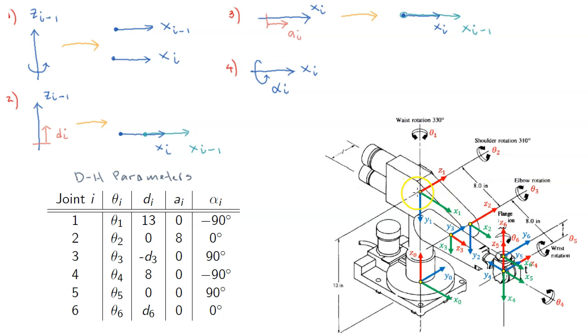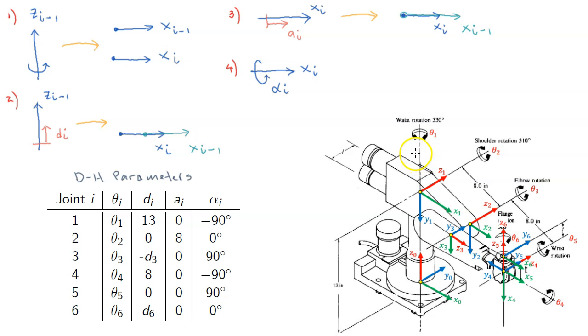Next, how much we have to translate in X1 to make the origins coincide. That is A1, right? And as you can see, when we moved this up here, the origins have already coincided. Therefore, A1 is 0. Okay. Next, how much we have to rotate about X1 to make the two coordinate frames coincide.